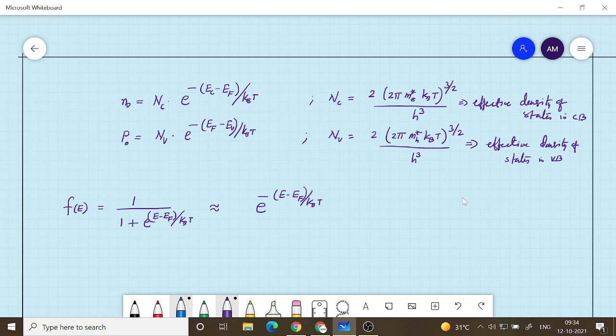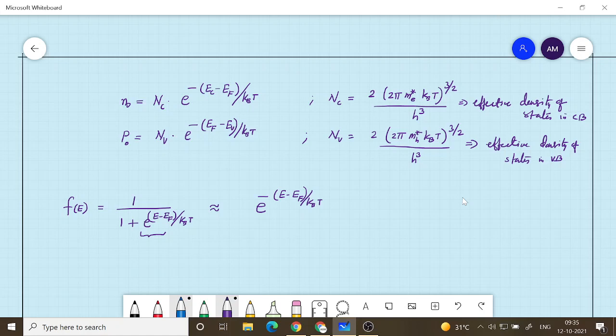Our logic for why this is a good approximation is that this quantity is very big when E is away from Ef. For example, when you are finding N0, E is some energy level in the conduction band.